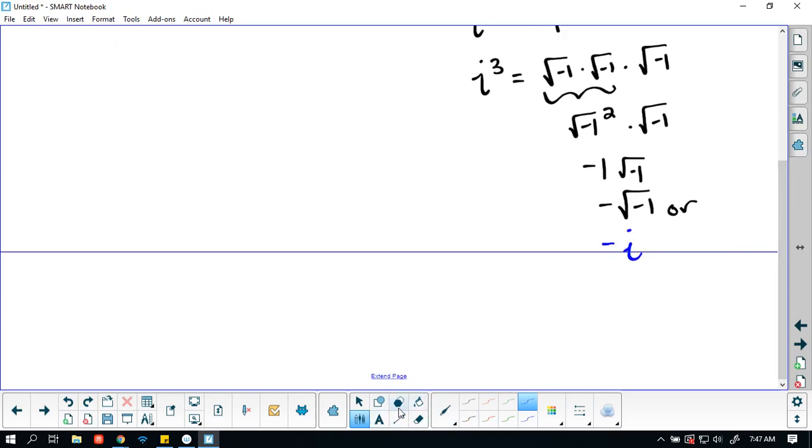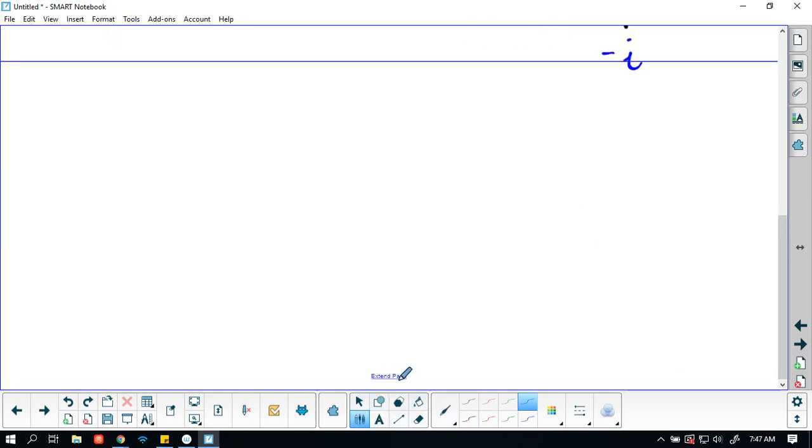So the way this works is, if you have i to an even power, it's either -1 or +1, depending. If it's i squared, you're going to have -1. If it's i to the 4th, it's going to be positive.